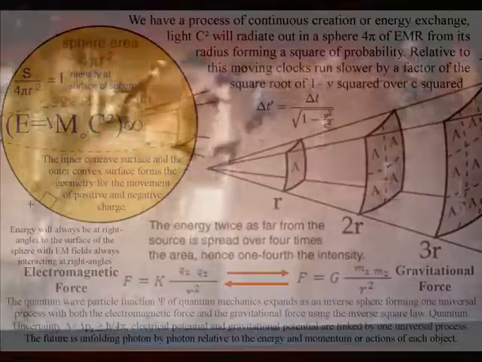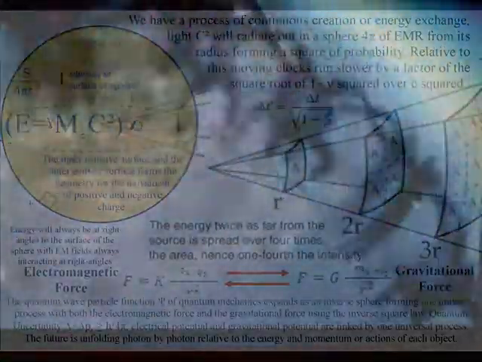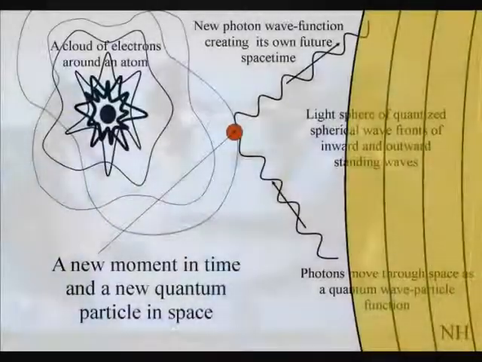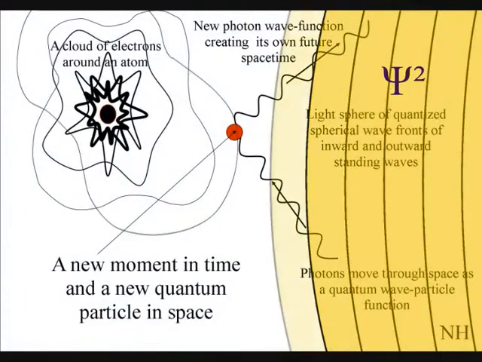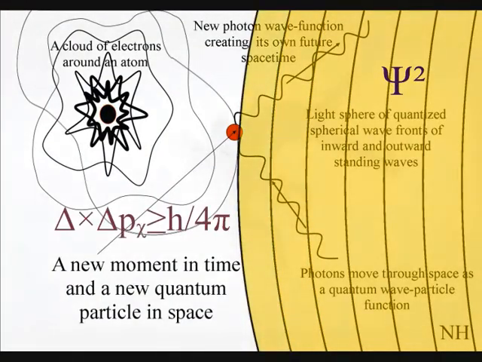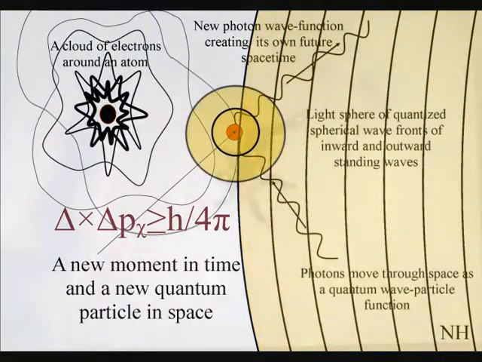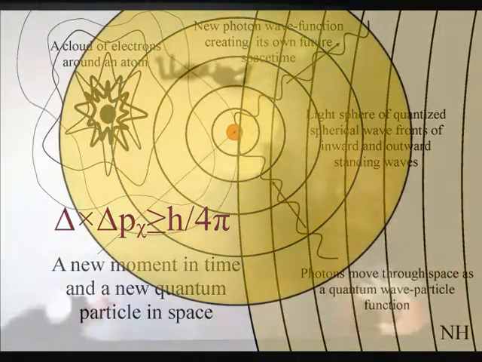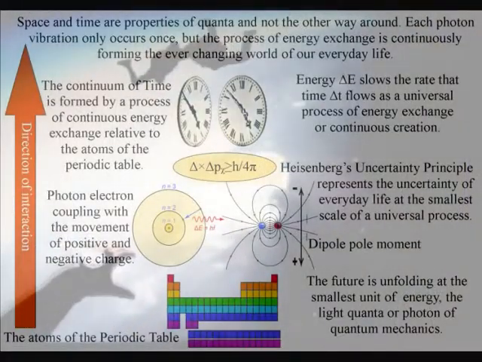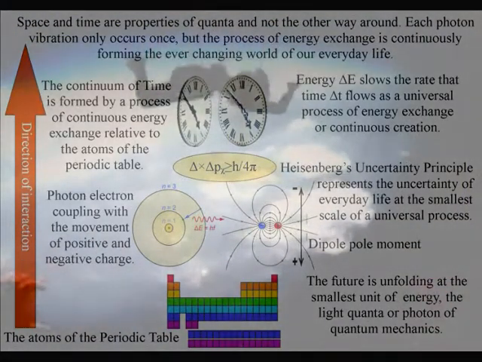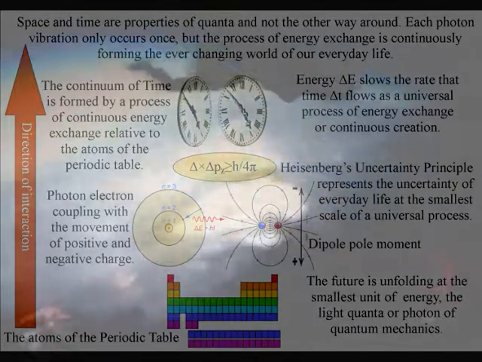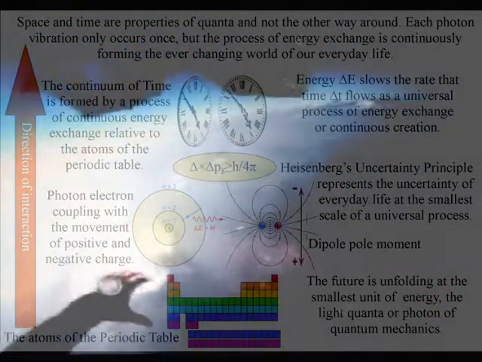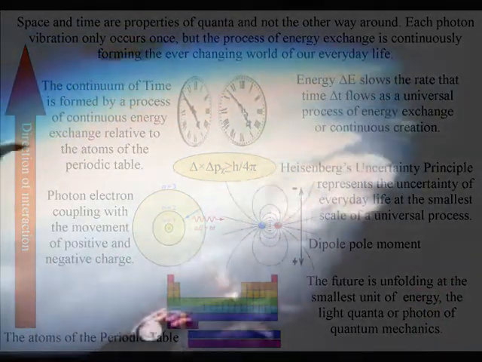The gravitational field will work at the speed of light because it is an integral part of one universal process with the electromagnetic force. We have one universal process that begins with the quantum wave particle function, or probability function of quantum mechanics, expanding out as an inverse sphere, and ends with the inverse square law of gravity and Newton's third law of motion. To every action there is an equal and opposite reaction.